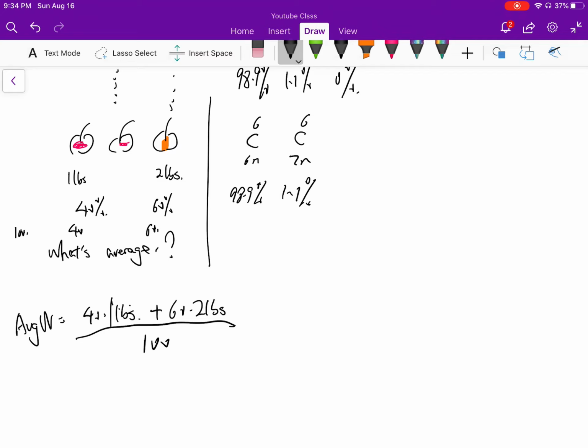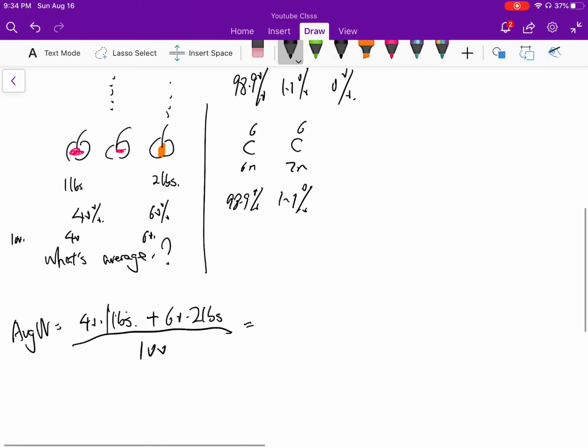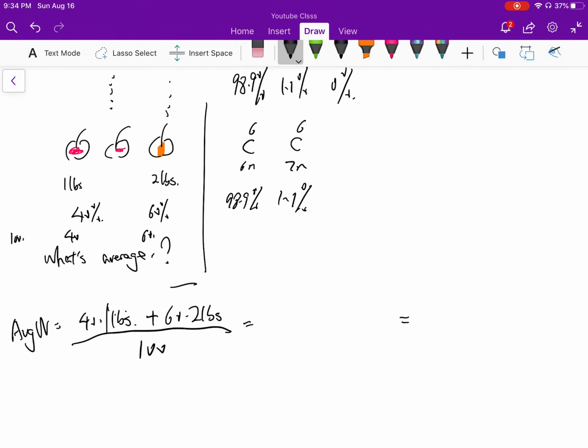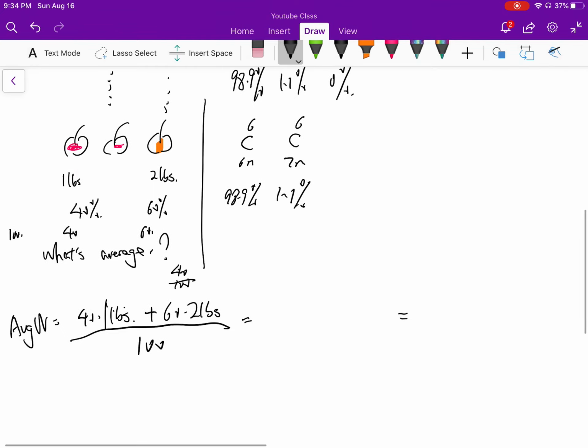So let's not look at the result yet, because I want to simplify this to the percentage. So what is percentage? If it's 100%, 40% is just 40 over 100. That's 40%, right? Which is exactly what we have here.